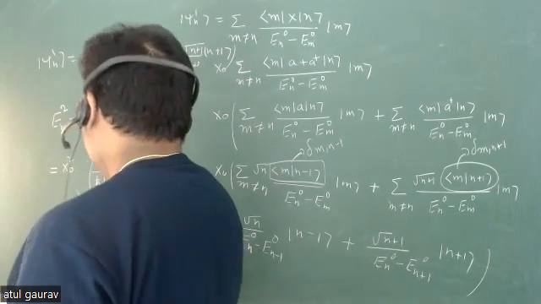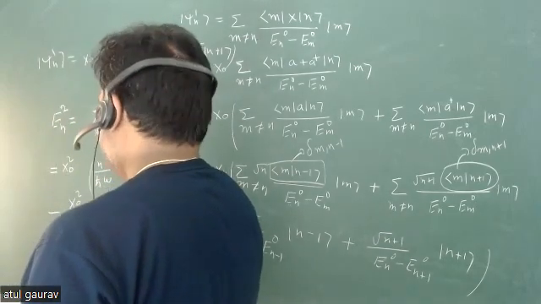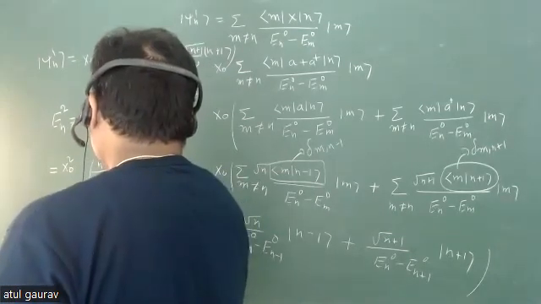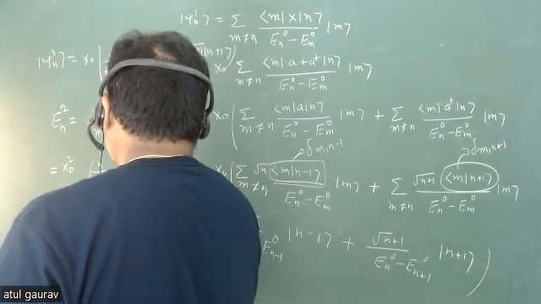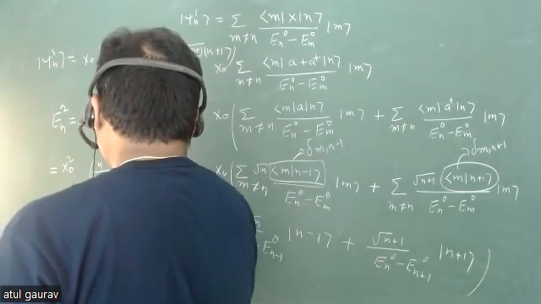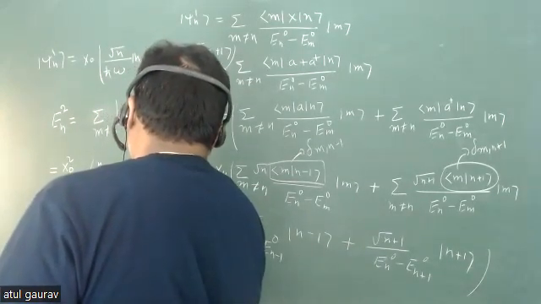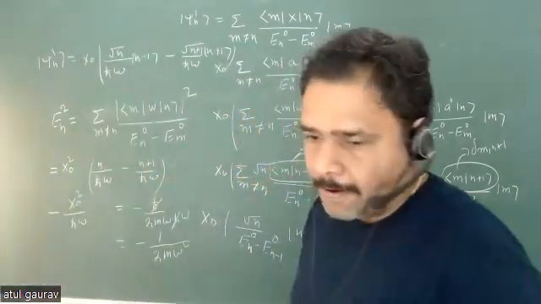Okay. And what is this x naught square? So this value is h cut upon 2m omega, है ना? So h cut upon 2m omega times h cut omega. This value is minus 1 upon 2m omega square. ठीक है ना? Everyone?